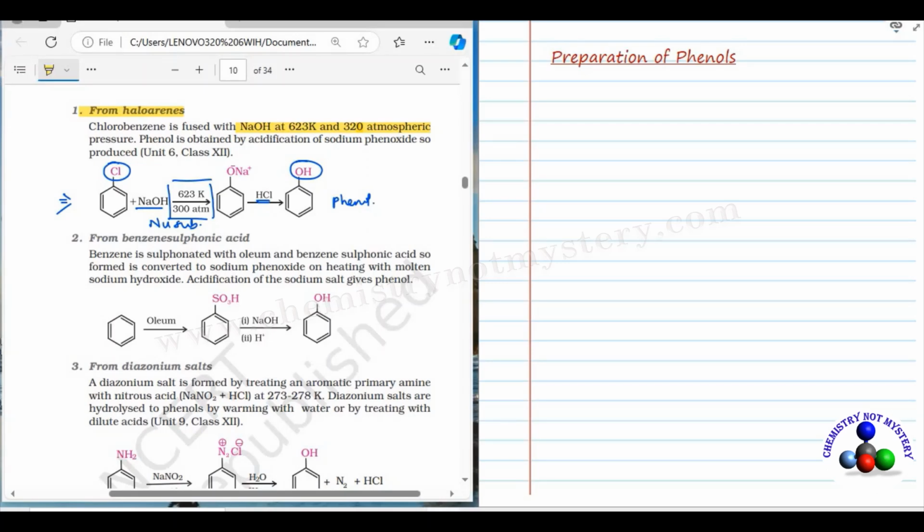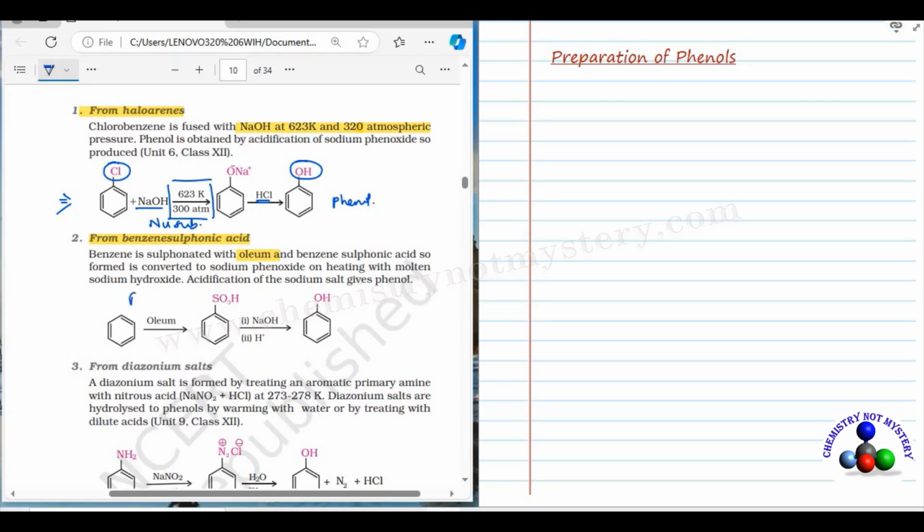Now come to the next method, from benzenesulphonic acid. Benzene is sulfonated with oleum, and the benzene sulfonic acid so formed is converted to sodium phenoxide on heating with molten sodium hydroxide. Acidification of the sodium salt gives phenol. Here this is benzene, when it is treated with oleum.